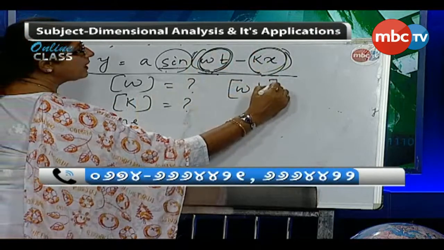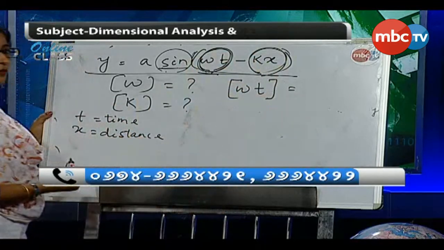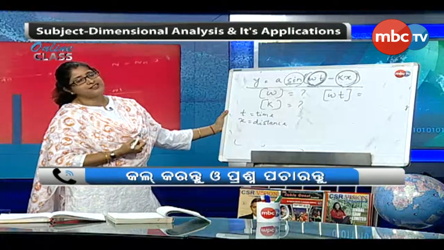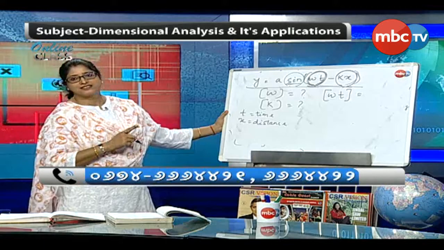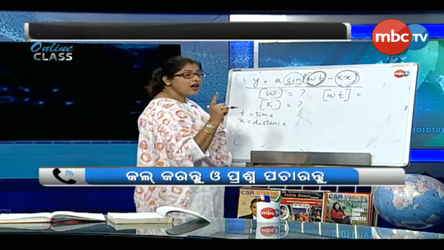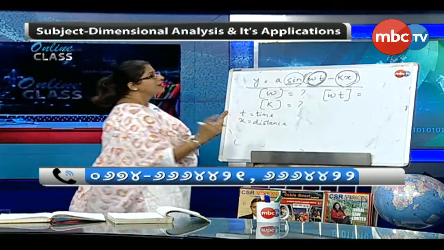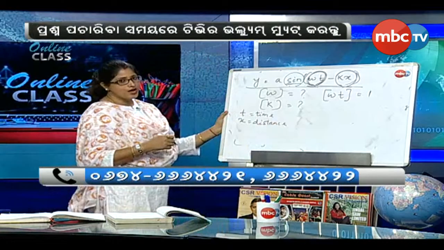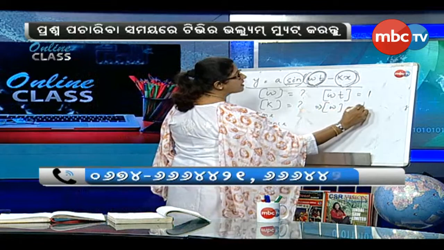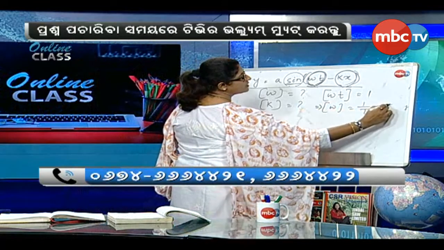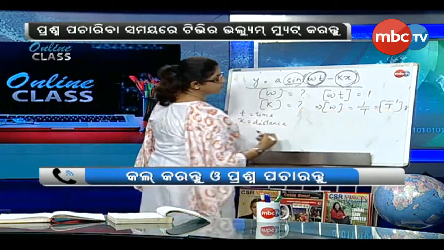That means omega t dimension will be what? What is the dimension of angle? Yesterday I had told you it is dimensionless, since it's arc upon length. So you can write it as 1. You have been asked to find the dimension of omega. It's 1 upon t, so it's T to the power minus 1.